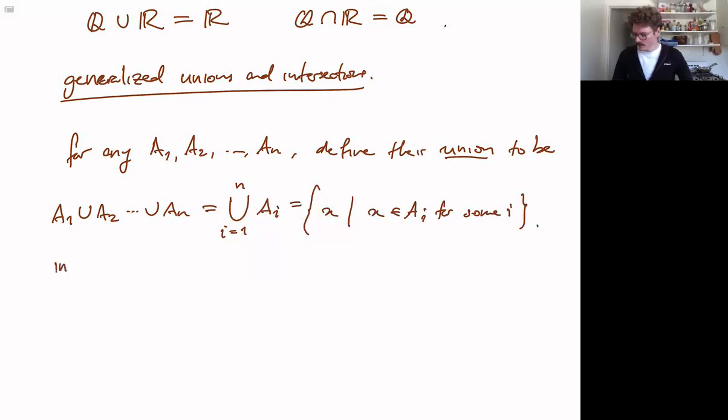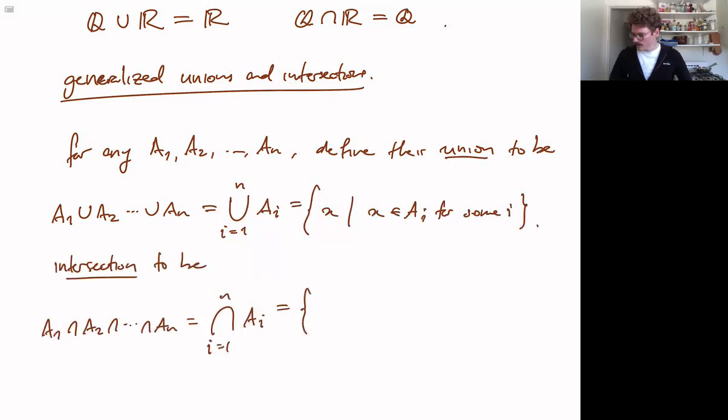And intersection is likewise a big intersection sign, and it is elements that are contained in these sets for all i. So again, union operates like an or, and intersection operates like an and.